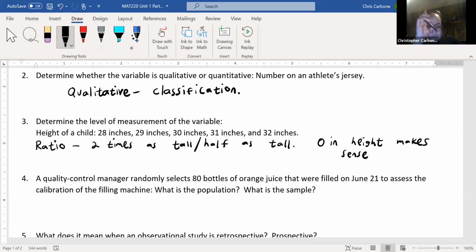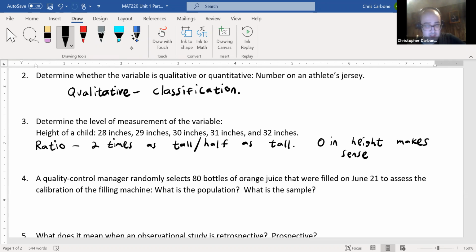All right, so number 4, a quality control manager randomly selects 80 bottles of orange juice that were filled on June 21st to assess the calibration of the filling machine. What is the population and what is the sample?